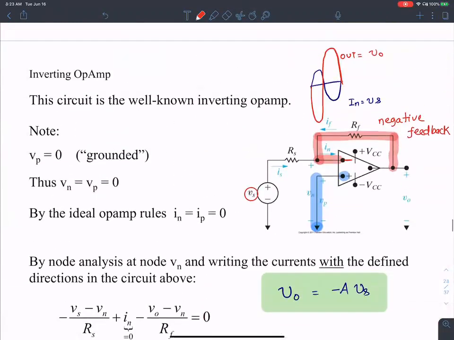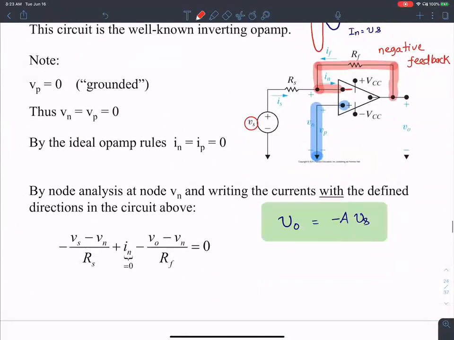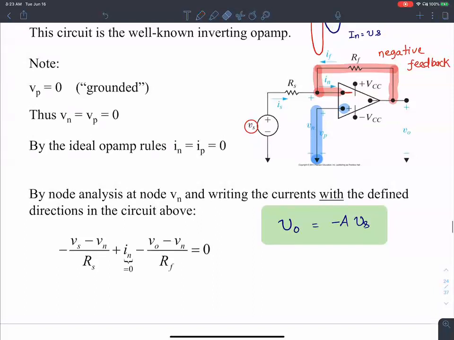The first principle that we are going to apply is, you remember, when we were analyzing this circuit, there are two assumptions I made.